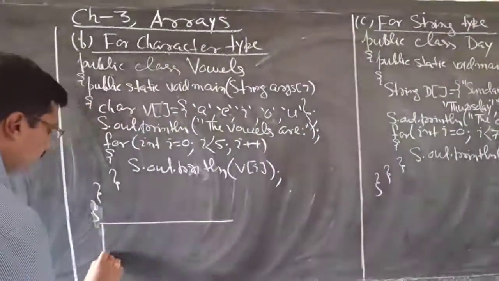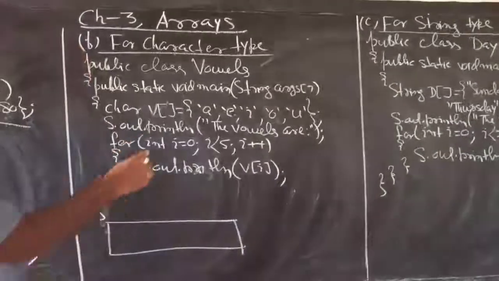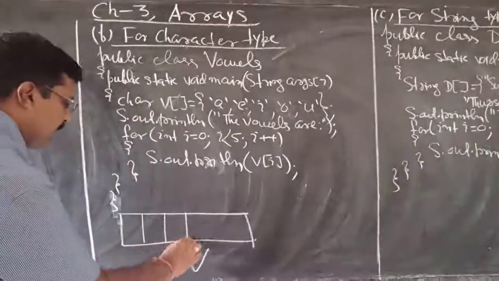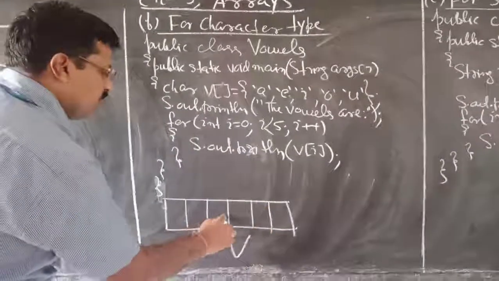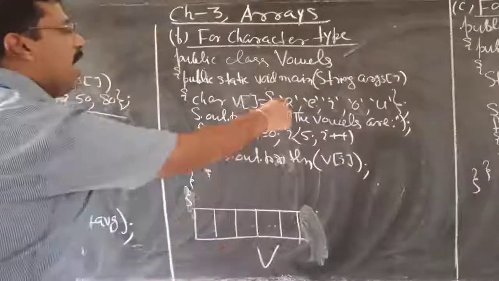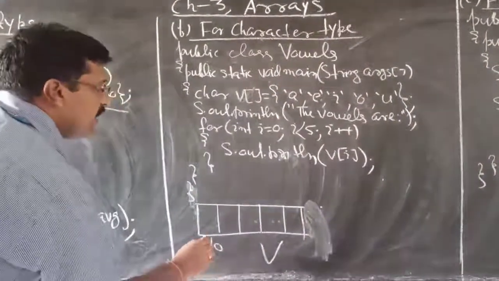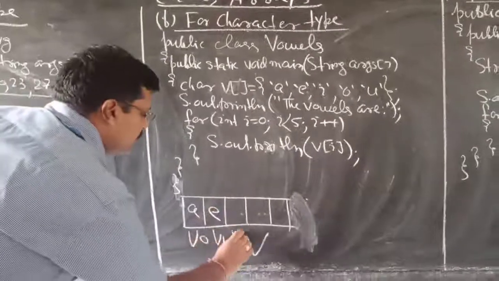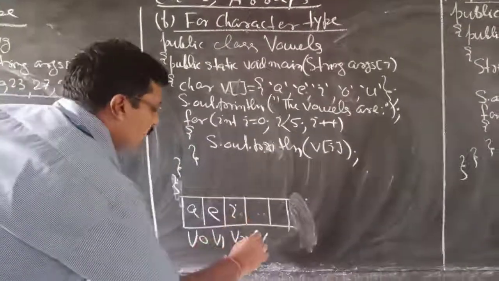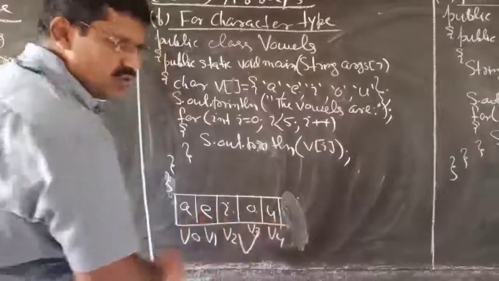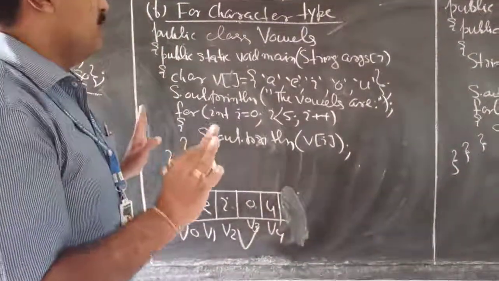When we say a space will be occupied in the memory by name v, it will be divided into how many parts? 5 parts: 1, 2, 3, 4, 5. At v0 place a is stored, v1 place e, v2 place i, v3 place o, and v4 place u. That happens in the memory of the computer.